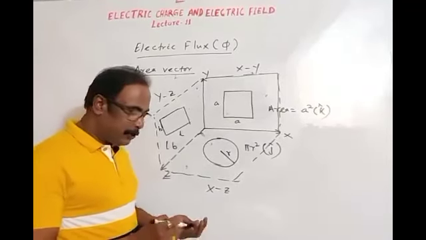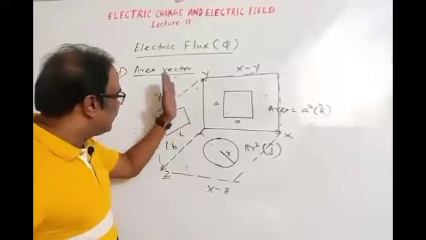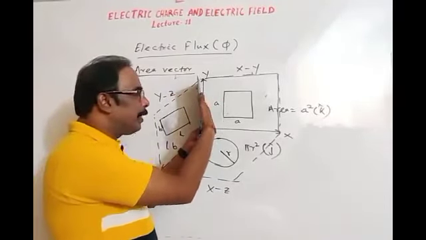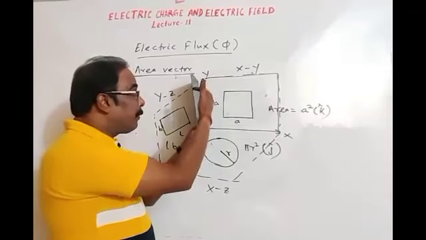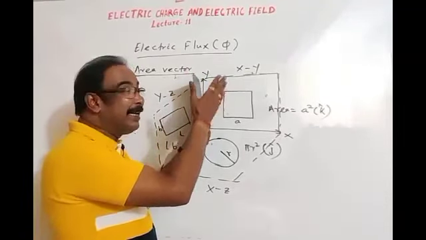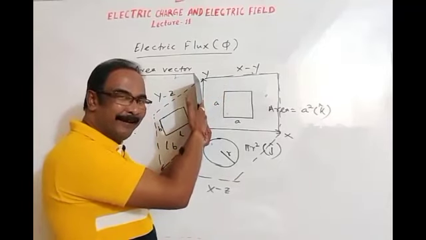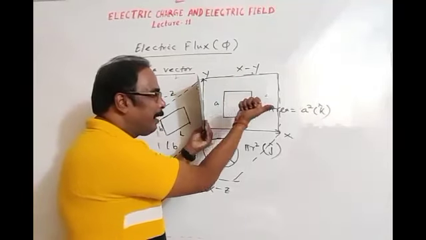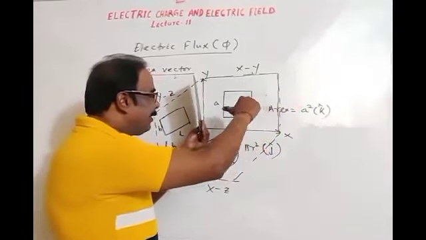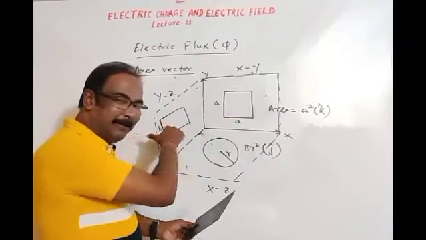What about direction? See students, this is the yz plane. We may imagine like this. The rectangle lies on the yz plane, on this plane. Then the direction of this rectangle will be perpendicular to the plane. See student, this is along the x-axis. If you take inwards, then it is along the negative x-axis.